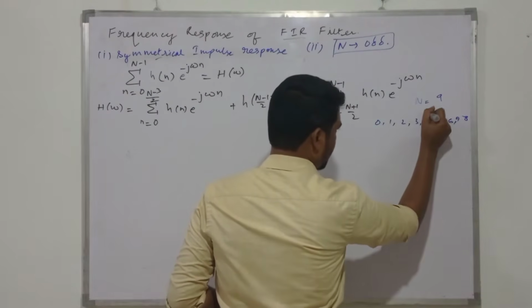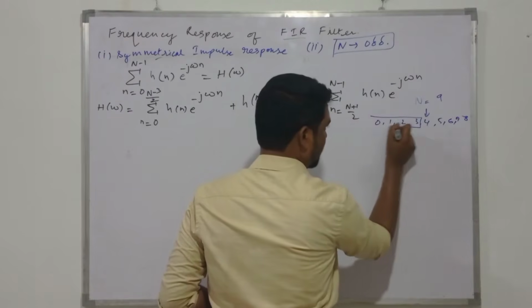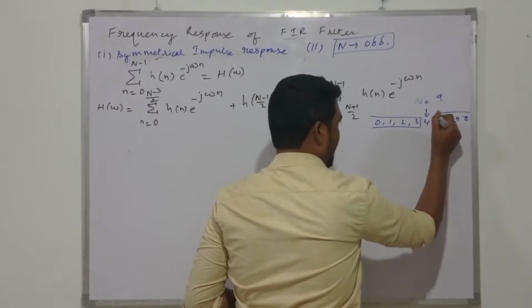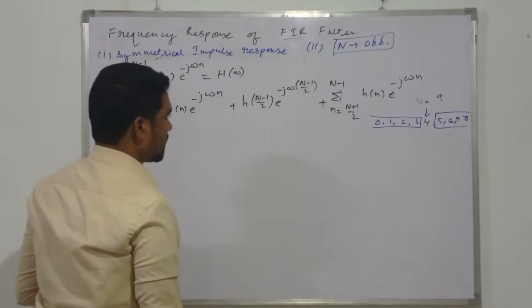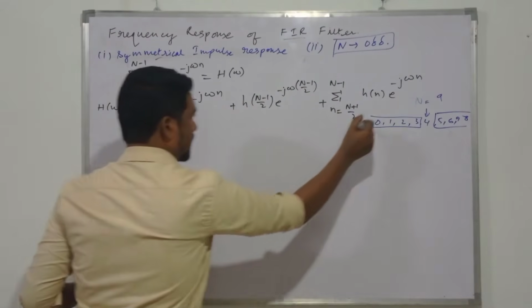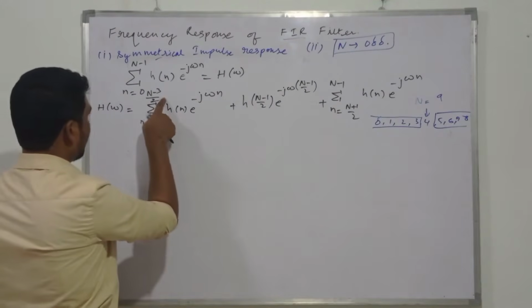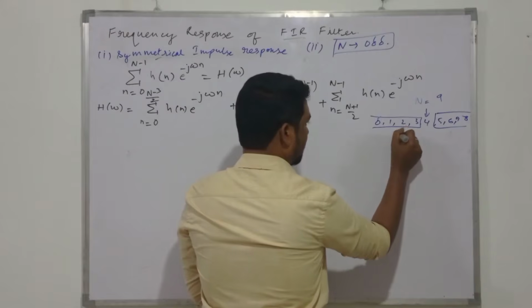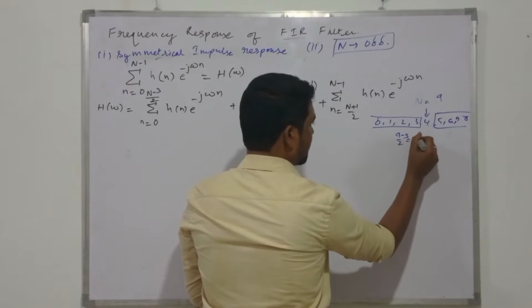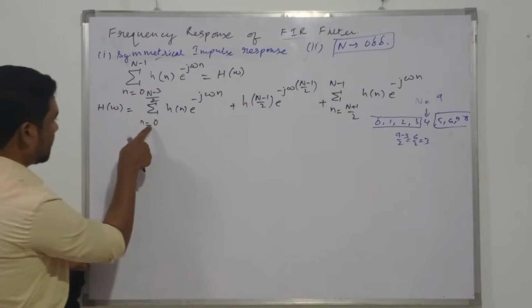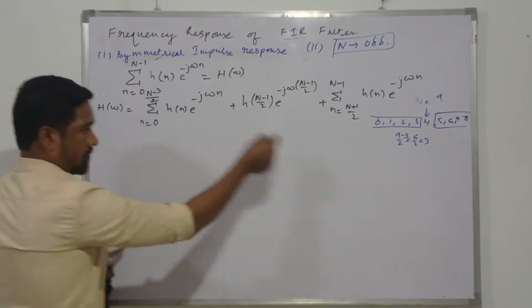This should be the center of symmetry, and we have these summations. The first summation should have these n values, and the second summation should have these values. Starting from n equal to 0, N minus 3 by 2, N is 9, 9 minus 3 is 6, by 2, so we have 3. This summation contains n equal to 0 to 3.